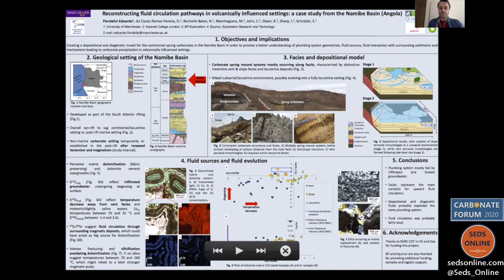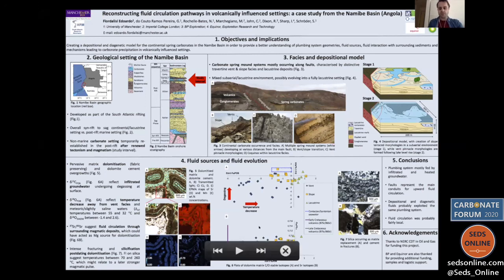While isotopic data of dolomite matrix suggests that the genetic fluids have a meteoric to slightly saline origin and are possibly derived from infiltrations through soils, as suggested by the mostly negative carbon, and were heated later. We can see there is a temperature trend revealed by the oxygen isotopes, while clumped isotopes suggest temperatures between 32 and 55 degrees.